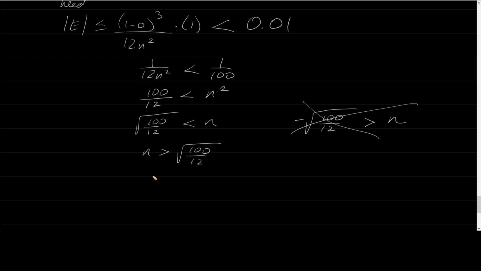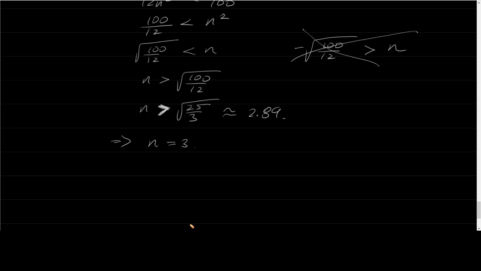But in here, the square root of 100 over 12: 100 and 12 are both divisible by 4, so I get 25 over 3. Now the square root of 25 over 3 is approximately 2.89, which tells us that n has to be greater than 2.89, so n has to be equal to 3. So what does this tell us?